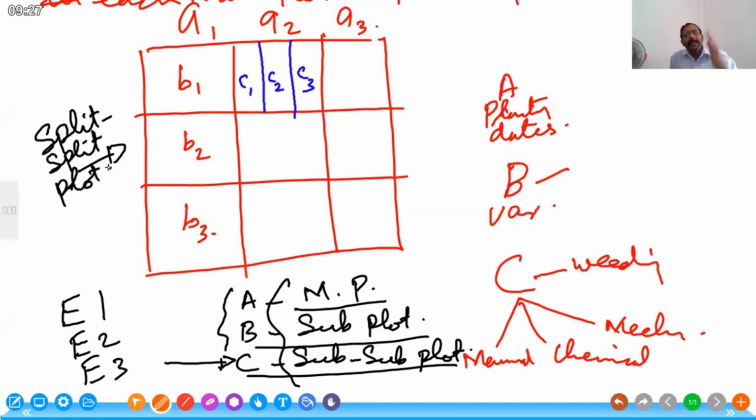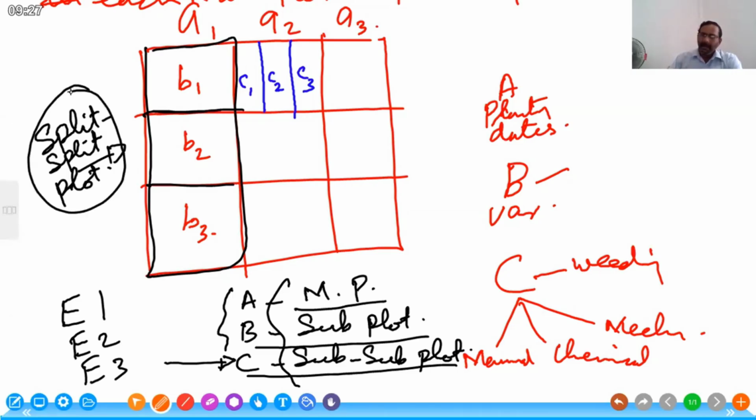Why? It is dividing one plot 2 times. The main plot is divided first into B1, B2, B3. That is the first dividing. The second dividing is C1, C2, C3. So it has been split 2 times. So it is called split plot design.